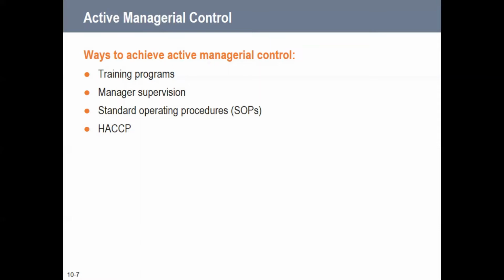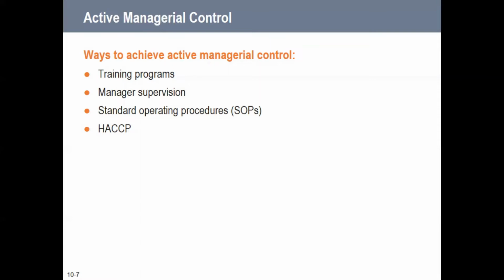So we need to make sure that we are actively controlling these issues so we prevent and minimize the risk of foodborne illness. Like I've said in many different lectures, the premise behind this is that we are being proactive rather than reactive.